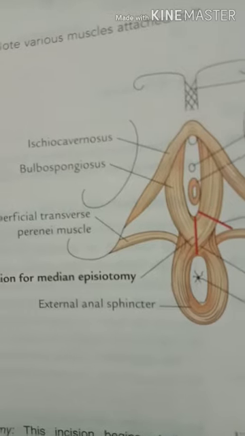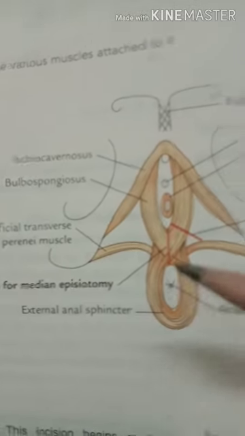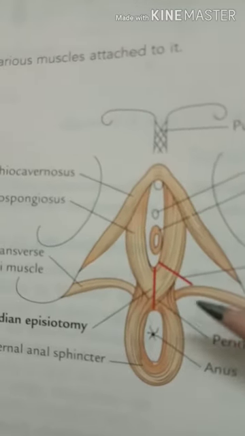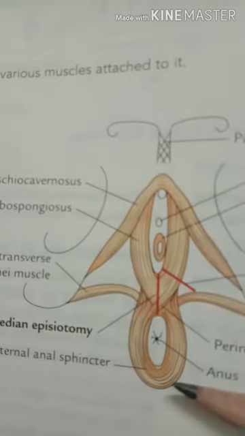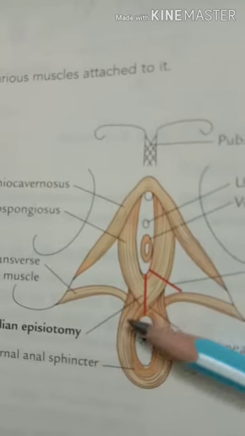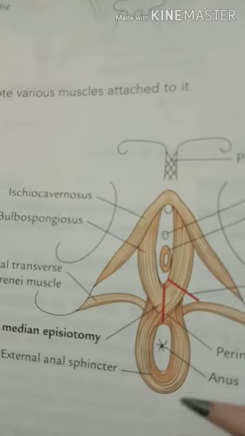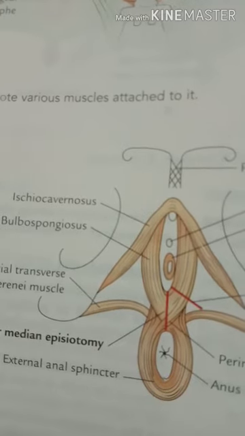The external anal sphincter surrounds the anal canal. Here you can see the anal canal and the external anal sphincter surrounding it. It is under voluntary control and keeps the anal canal and the anus closed. So the function of this external anal sphincter is voluntary, and it closes the anal canal and the anus. Okay.